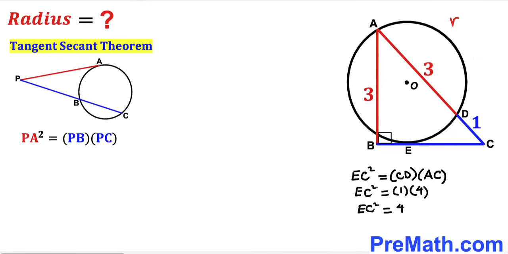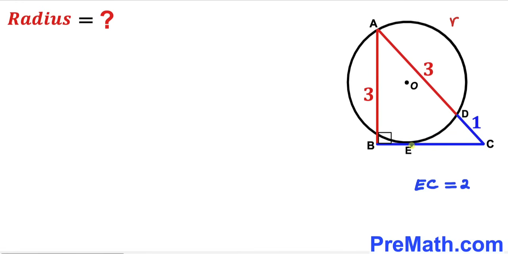And now I am going to undo this square by taking a square root on both sides. So therefore we could see that our segment EC length is going to be positive 2 units. So therefore this segment EC length turns out to be 2.